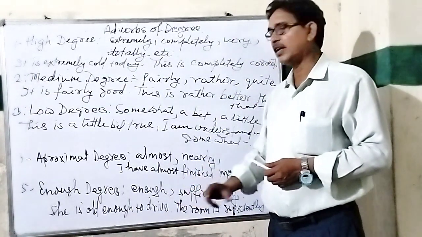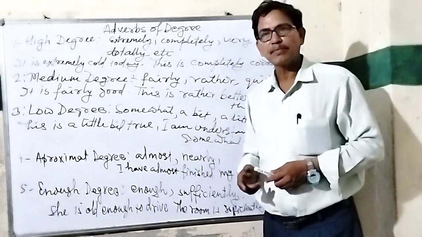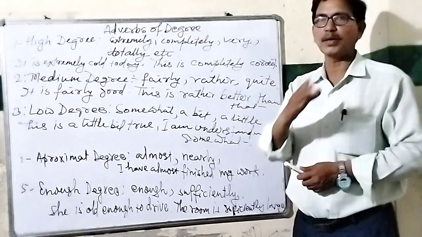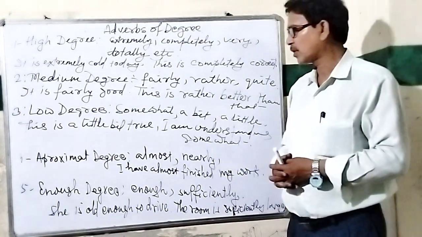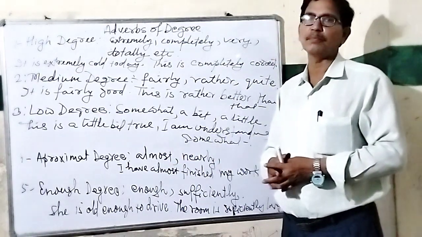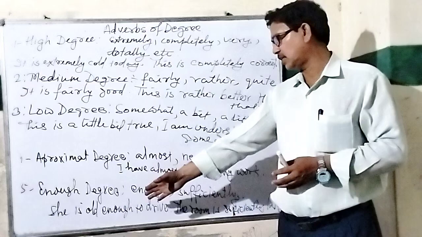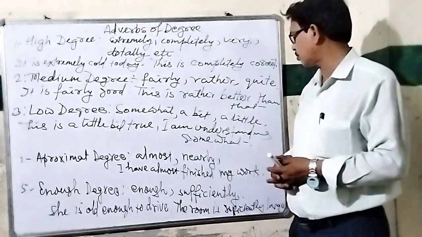Here this is in a negative sense. Sometimes she is too old to drive. This should be correct, because mostly we use too in a negative sense, and enough we mostly use in a positive sense. But here enough has been used also. Sometimes they are used in a negative sense also.